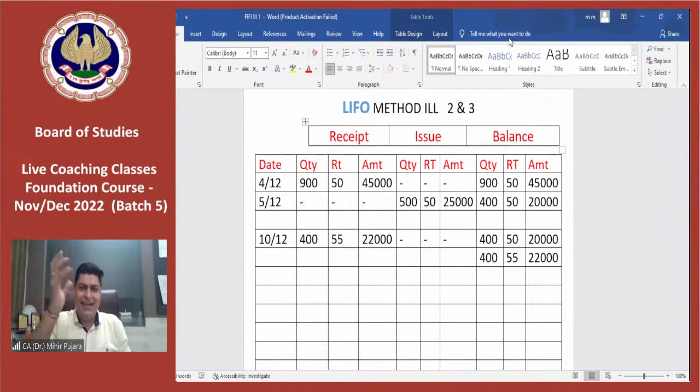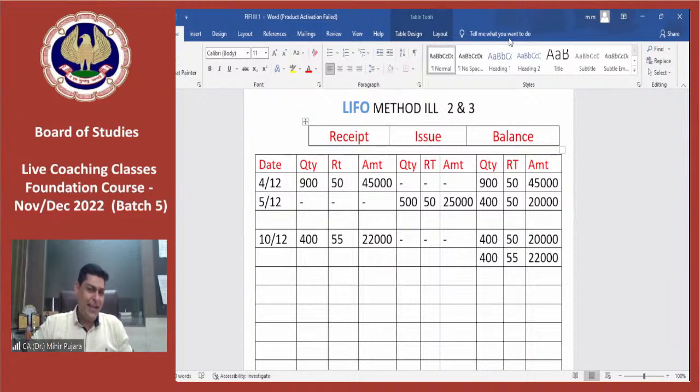Tell me the dates. When means dates. When purchase, when issue. Sir, 11th and 19th purchase and 20 issue. 11th and 19th purchase and then issue.